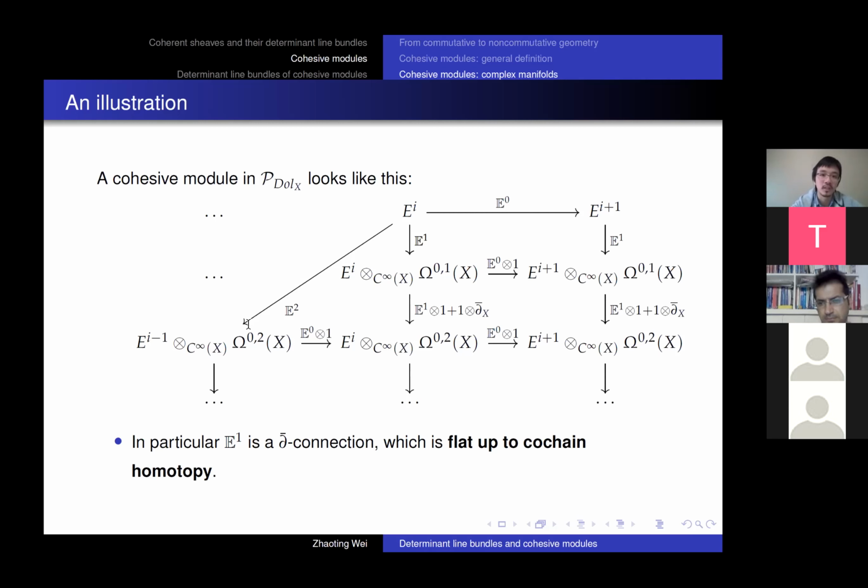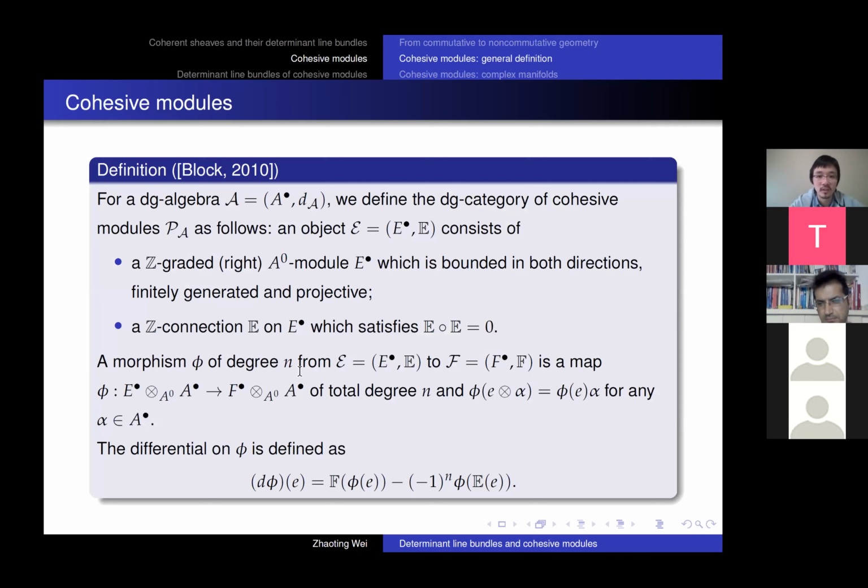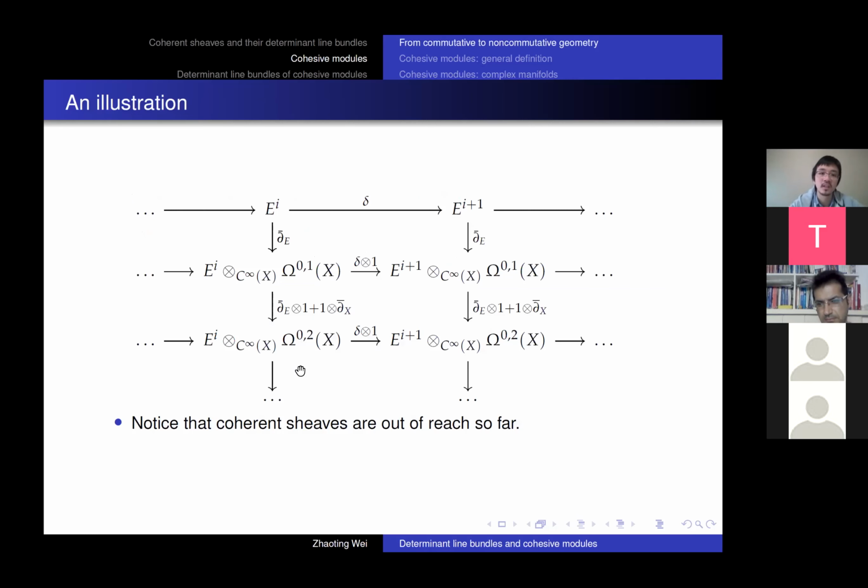This is the illustration of a cohesive module. Compare it with the previous picture of a complex of holomorphic vector bundles. We see that they're very similar. The only difference is we have higher terms and we weaken the flatness condition. We only require it to be flat up to homotopy.